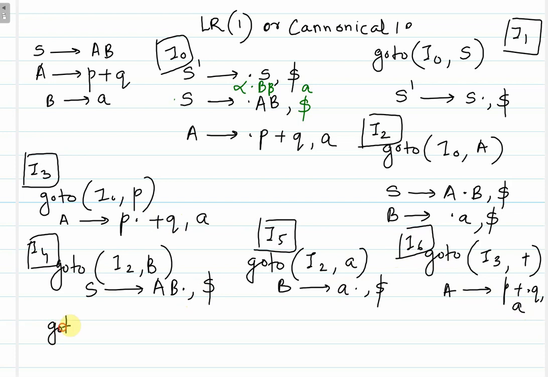Goto of I6 on Q gives A → P+Q., a, named I7. This is how the items are computed in the LR1 parsing technique.